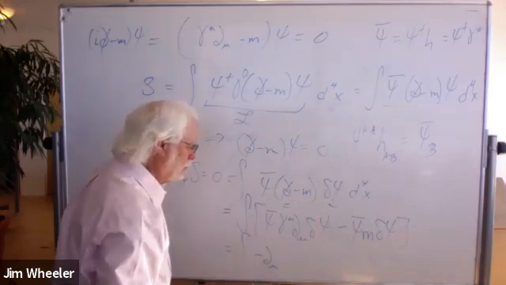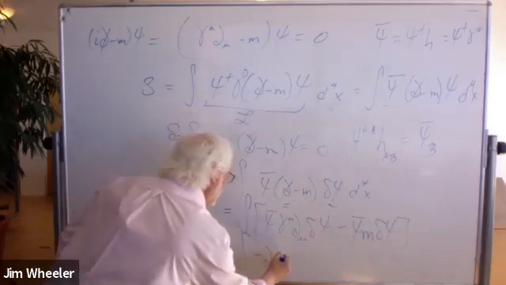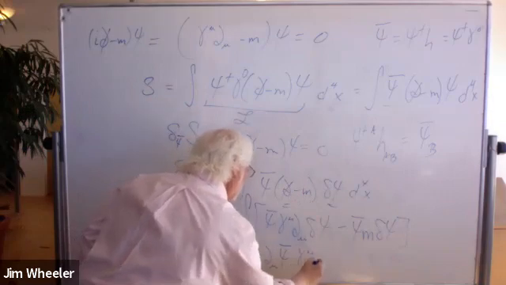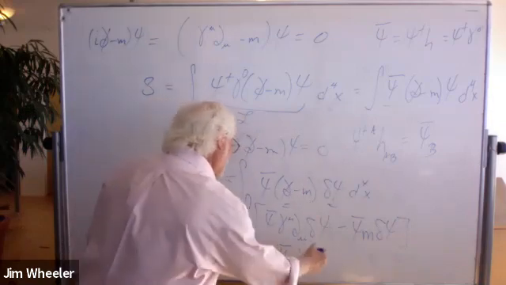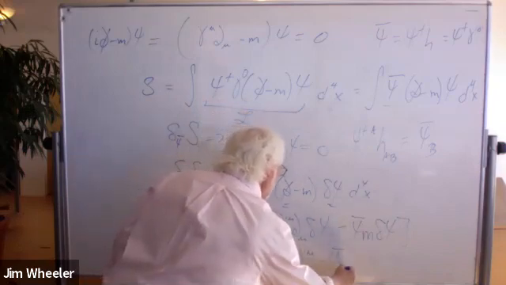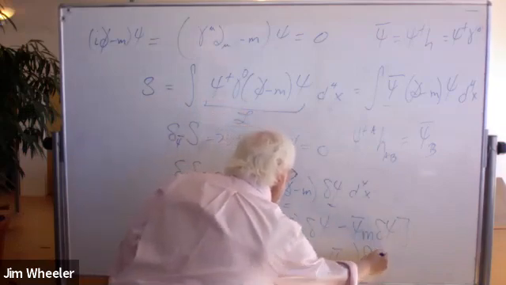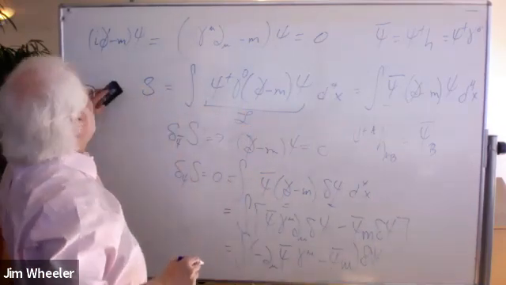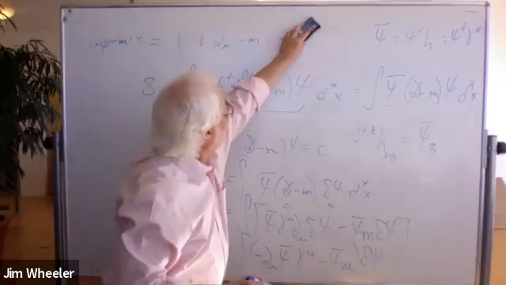We drop the surface term. We have a d mu of psi bar contracted on a gamma mu, and now we can pull out the variation of psi. So we get the opposite sign.